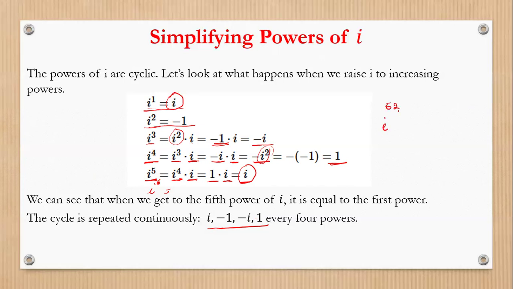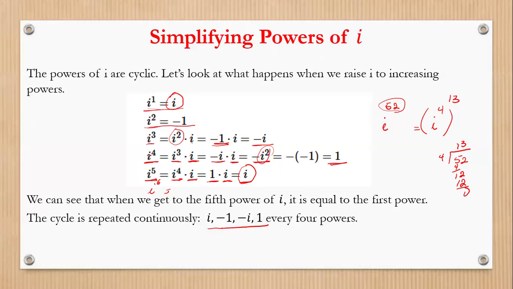And since it's repeating for every 4 powers, when you have, for example, i to the 52 power, you need to know how many 4th powers you have in 52. And if you divide 52 by 4, you get 13, which means i to the 52 means i to the 4th to the 13th power, because 13 times 4 is 52.